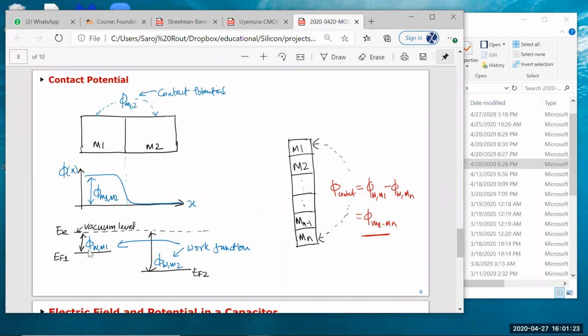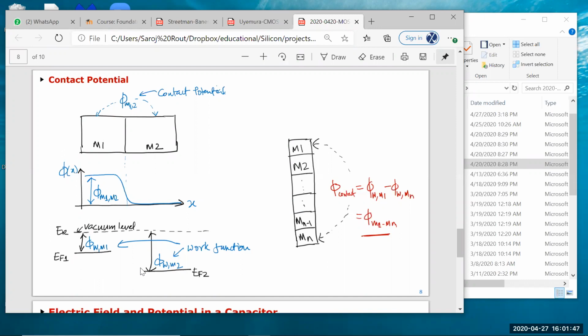But the definition of work function, the contact potential, is actually this difference. The work function difference, which is negative in this case, and that's the voltage you have to apply to overcome. If you took EF1 minus EF2, that would be a positive quantity, and you have to overcome that with the negative of that amount.